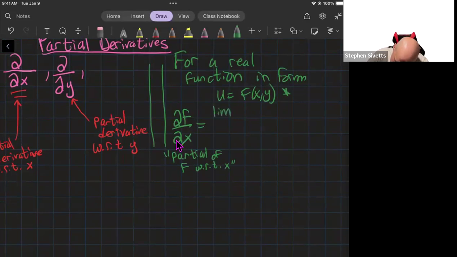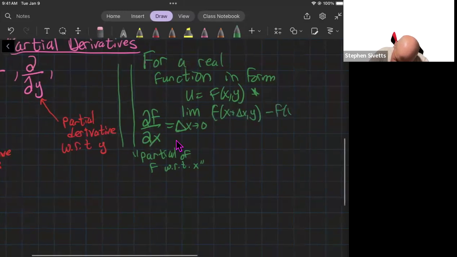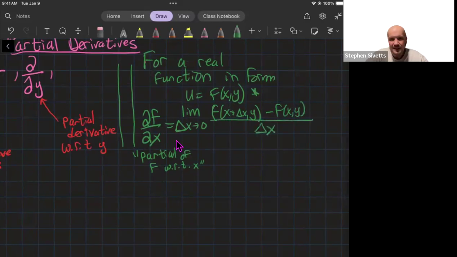It equals the limit as delta x goes to 0 of f of x plus delta x, y, minus f of x, y, over delta x.